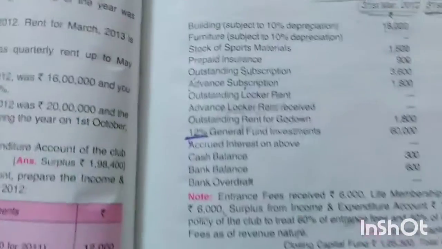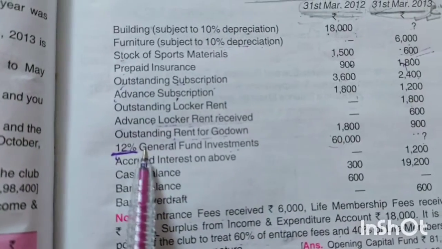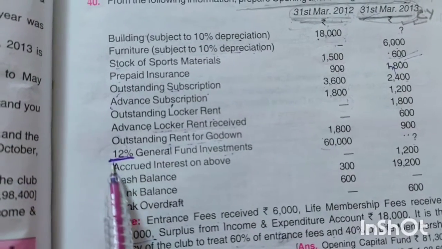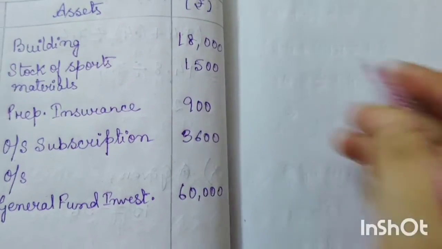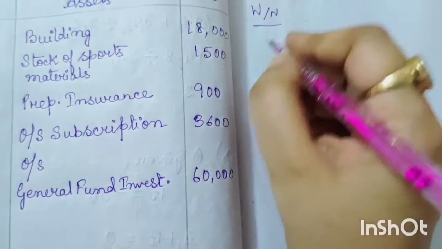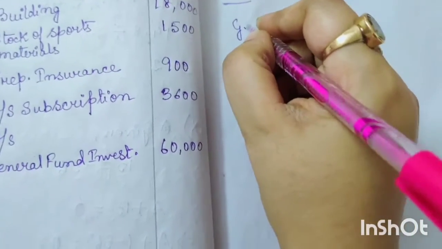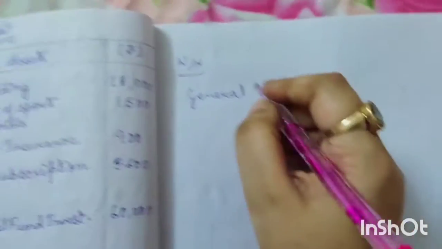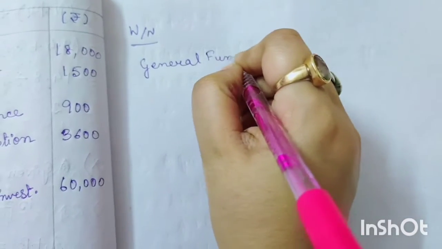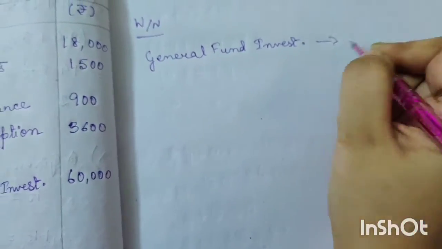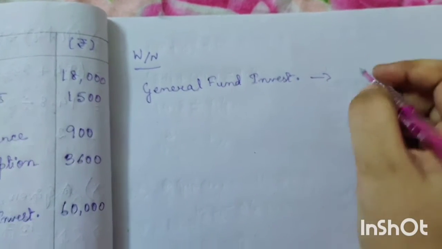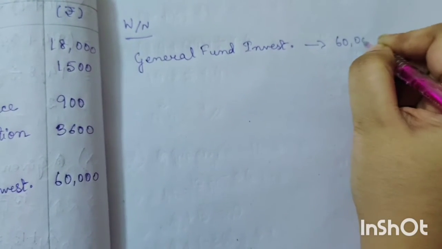Now coming back to the question, see here 12% general fund investment. As I told you, this is the interest rate. So let us calculate the interest. Working note. Okay, general fund investment. Okay, now how much we had general fund investment? 60,000.